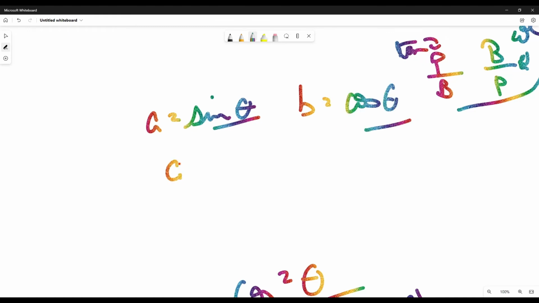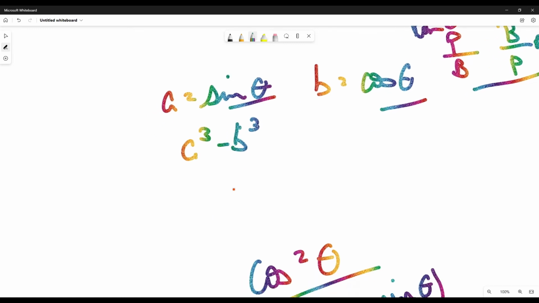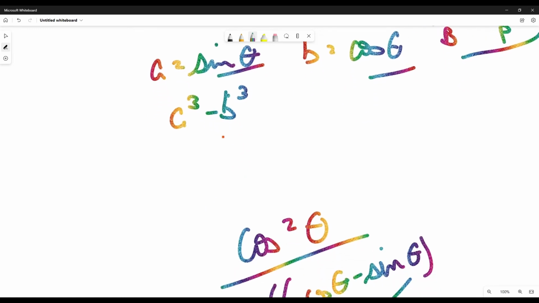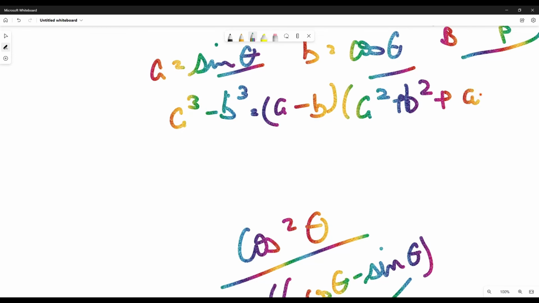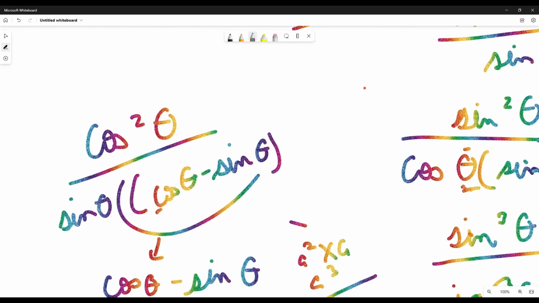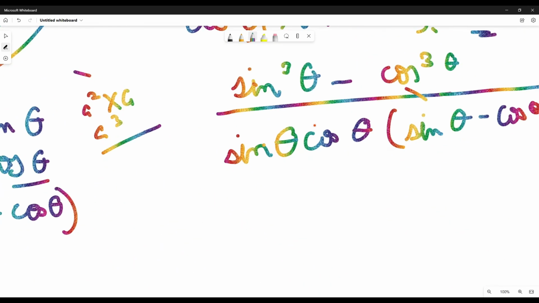So if we write it like this in terms of A and B, can you see something? A cube minus B cube identity. A minus B into A squared plus B squared plus AB, right?